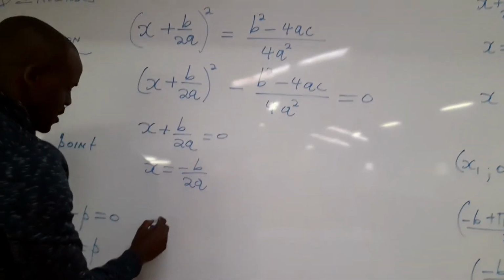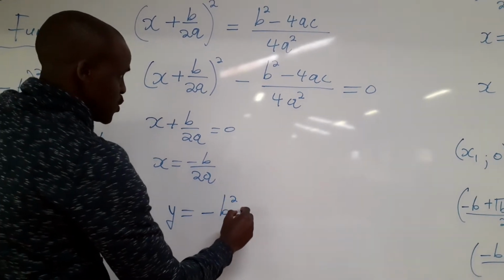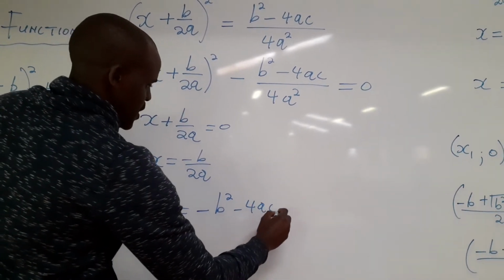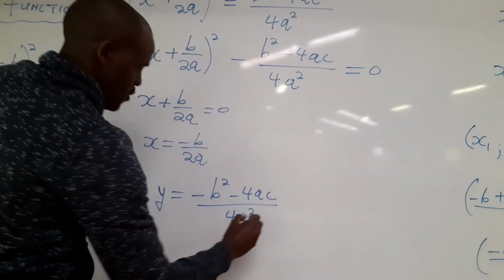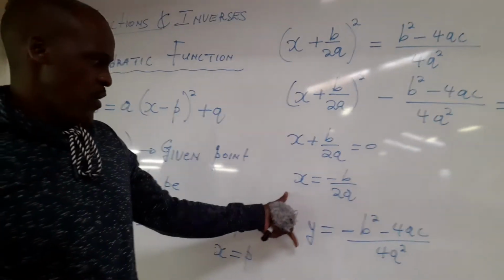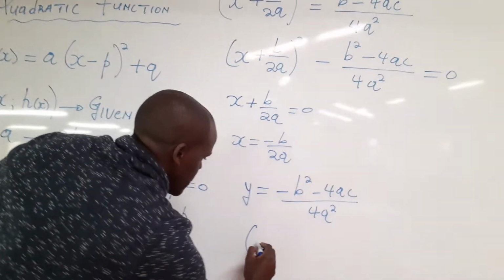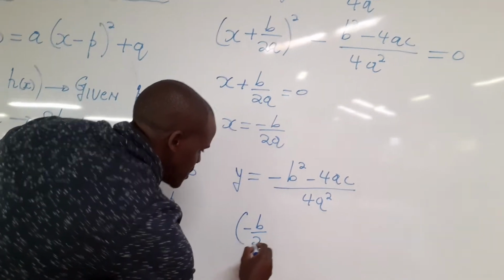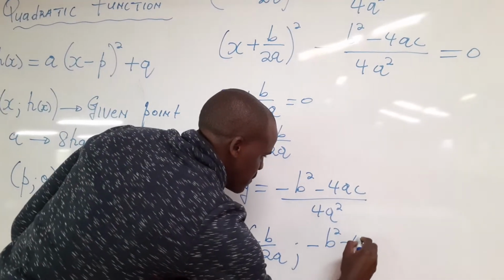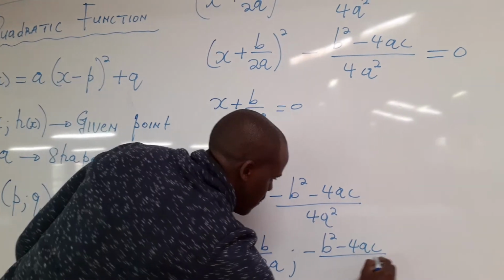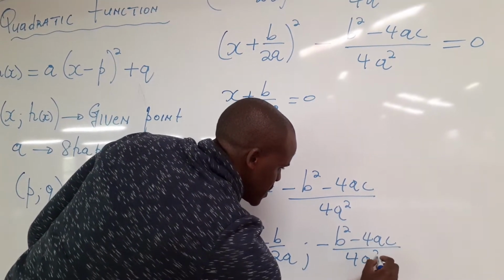Therefore, the y value at the turning point is given by minus b squared minus 4ac all over 4a squared. If you are to write this in coordinate form, it's negative b over 2a, minus b squared minus 4ac over 4a squared.